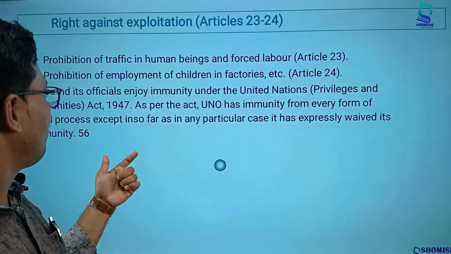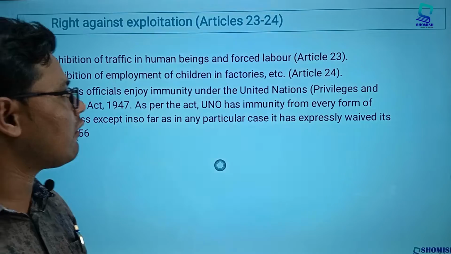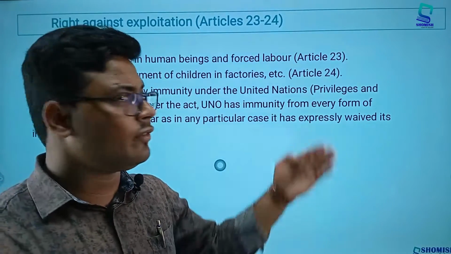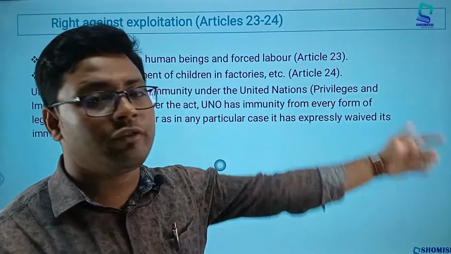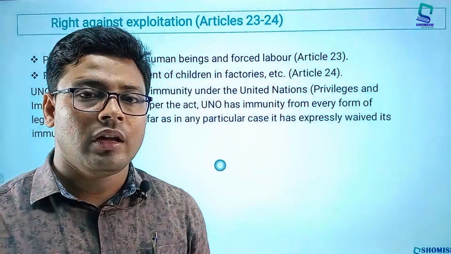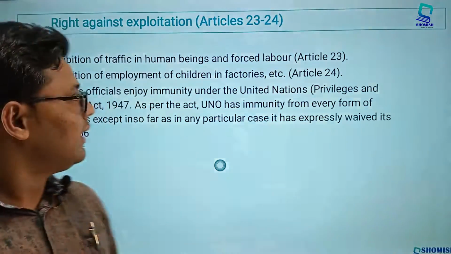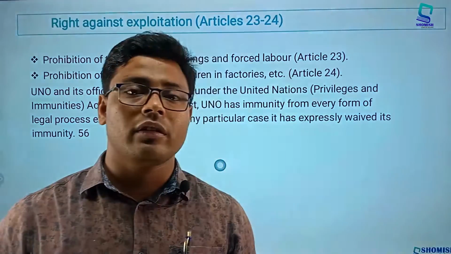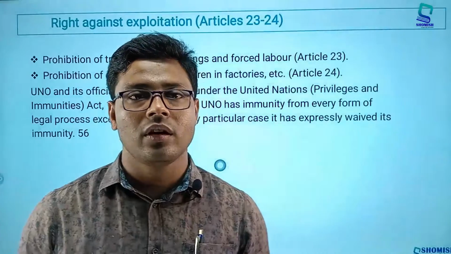The next, prohibition of employment of children in factories, etc. This comes under Article 24. What happened in case of employment in factories?